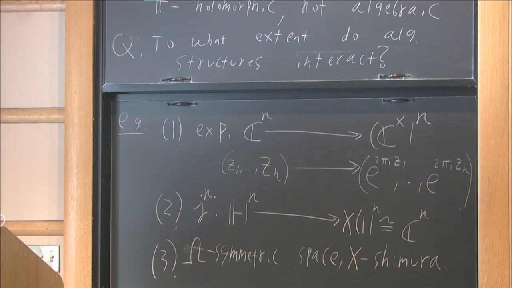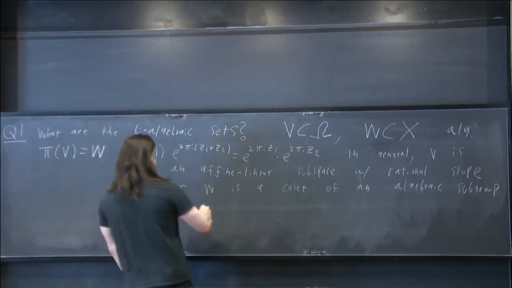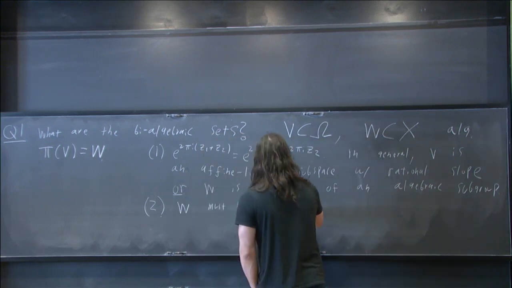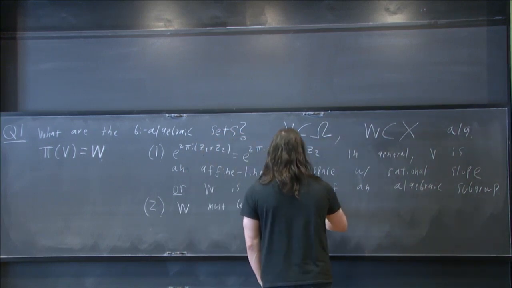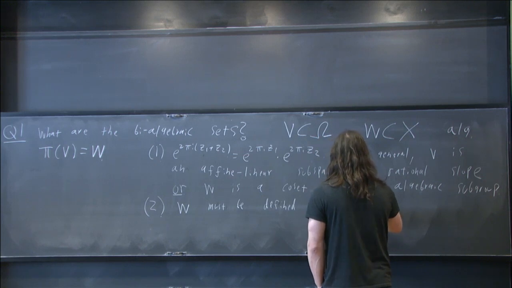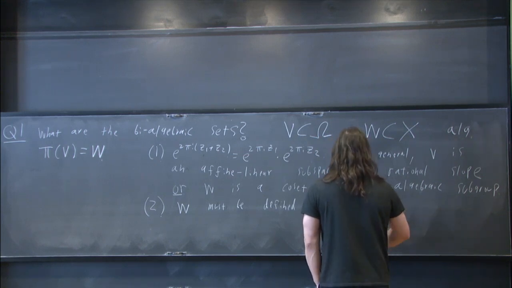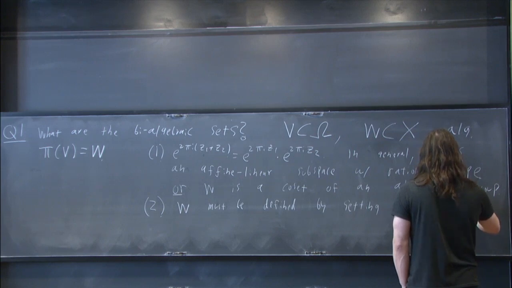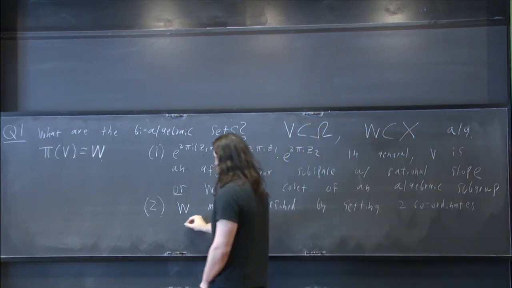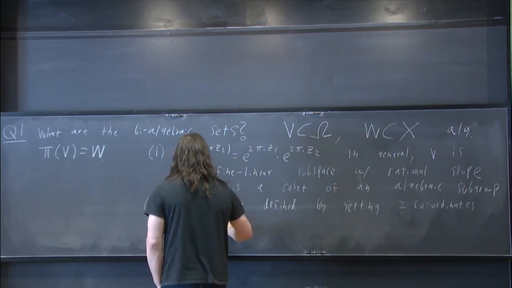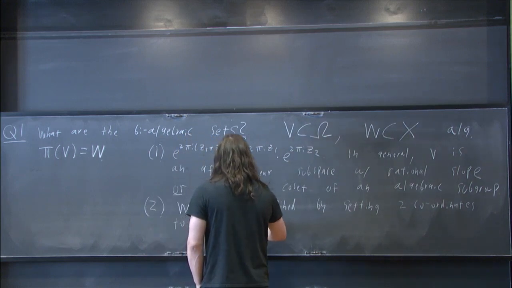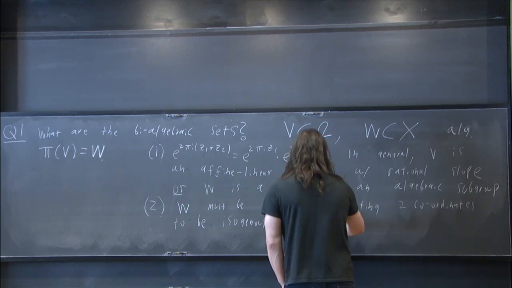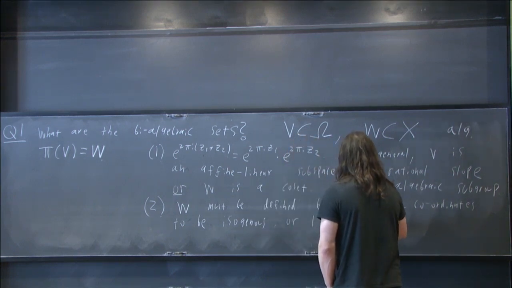for V and W to be bialgebraic like this, W must be defined by setting two coordinates to be isogenous, or one coordinate to be constant.